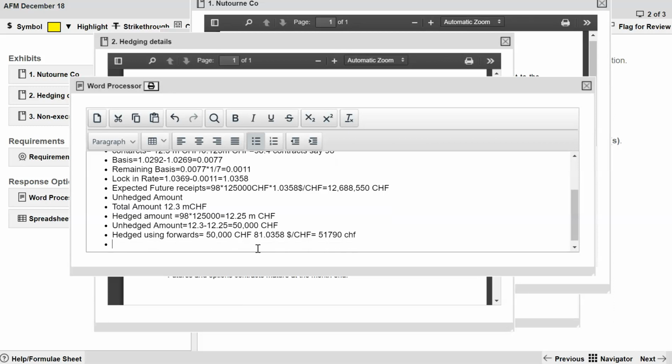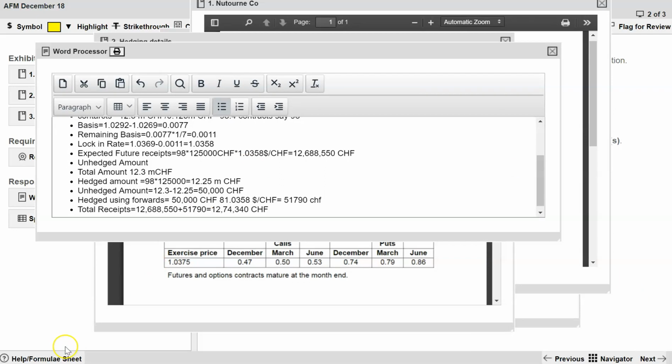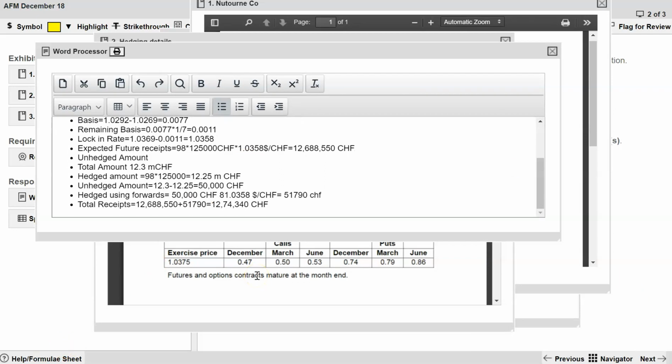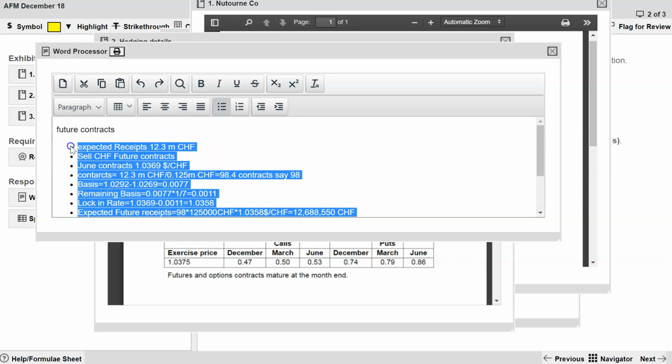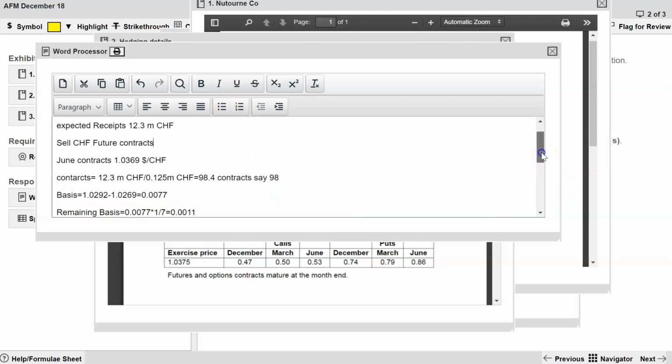So the total receipt will be 1,274,340 CHF. Okay guys, this is the answer. So if you want to end this bullet point, select all and press this. So the bullet points will be ended.